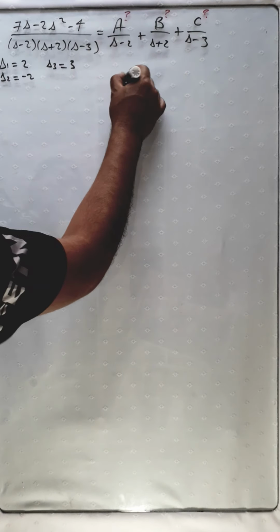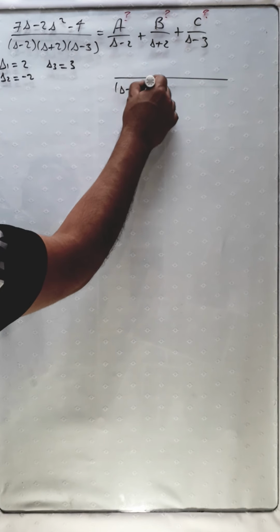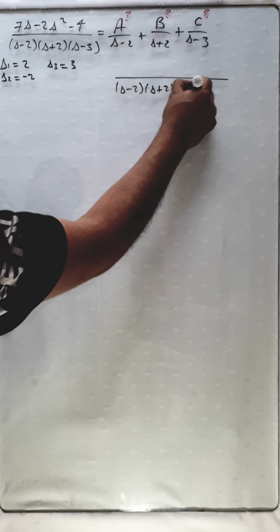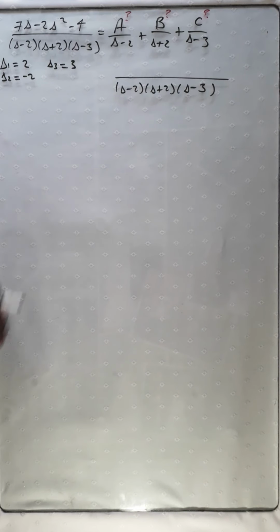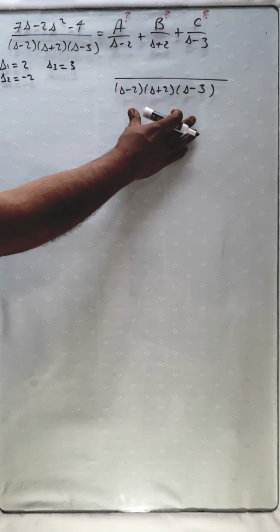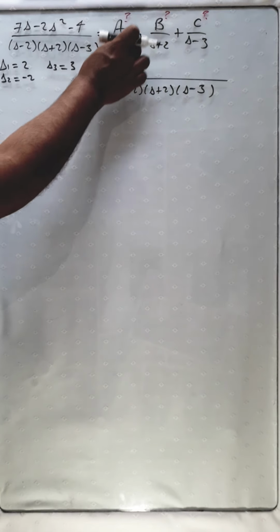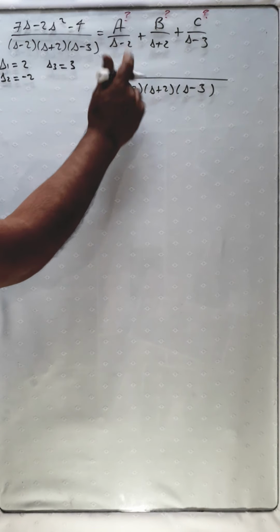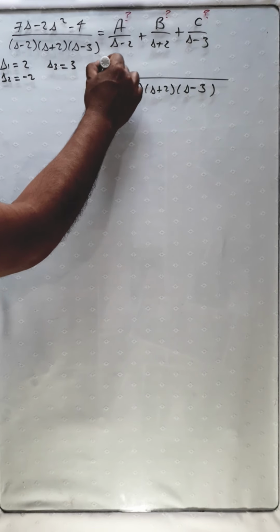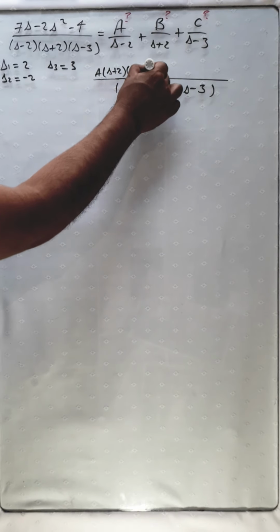Okay, what is the common denominator of this? The common denominator is s minus 2, s plus 2, s minus 3. If you do these three fractions, when you do the common denominator, you will have to do this: this divided by this times the A. So the s minus 2 cancels, and you will have A times s plus 2 and s minus 3.